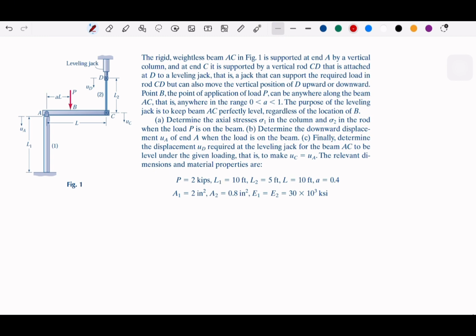Okay. And then the purpose of the leveling jack is to keep AC straight, or perfectly level.